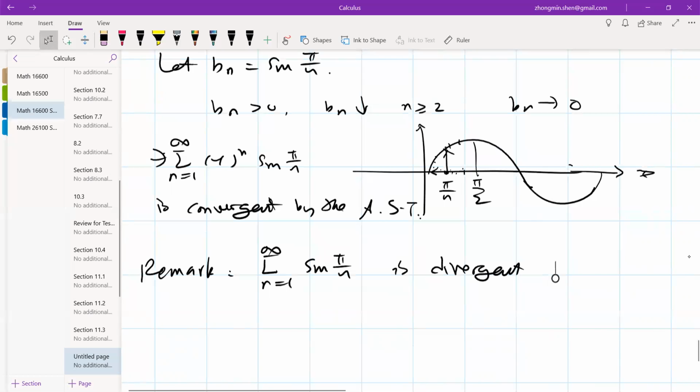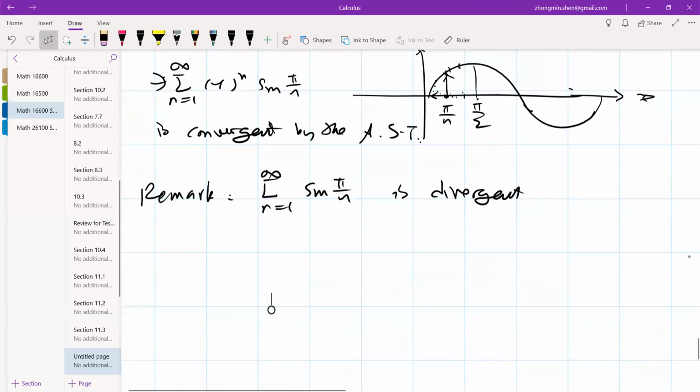But clearly all the terms are positive, right? Think about what you can do. You already learned the integral test. You learned the integral test, the comparison test, limit comparison test. You can prove that using the integral test. Honestly, you can prove that using the comparison test or limit comparison test. Let's do both, okay? Prove.